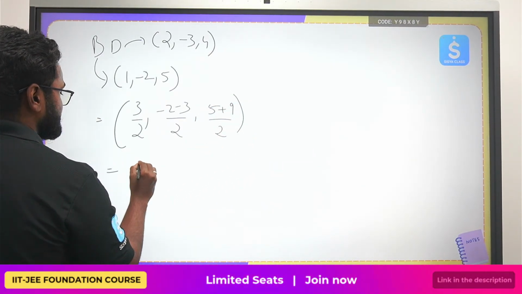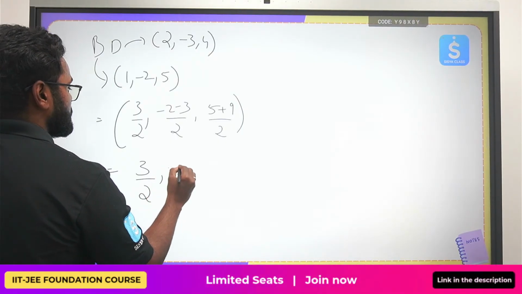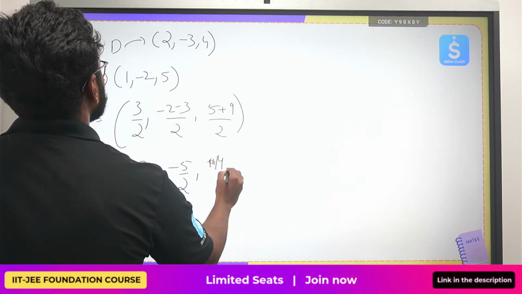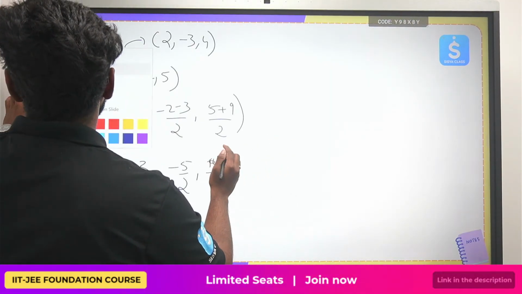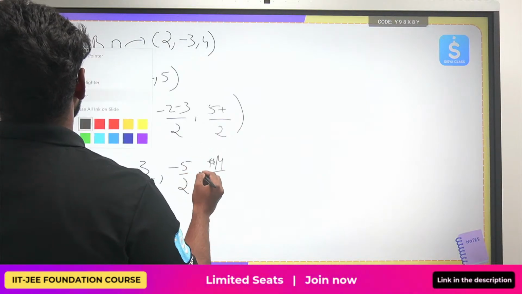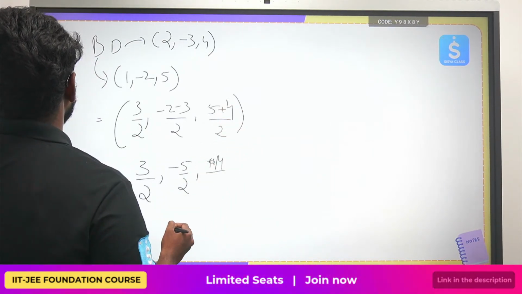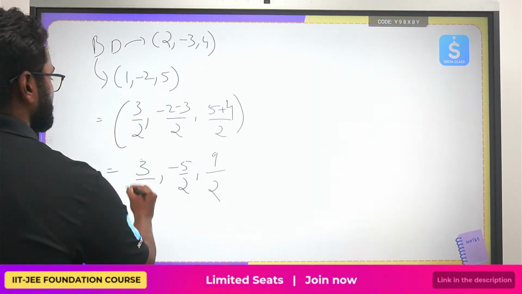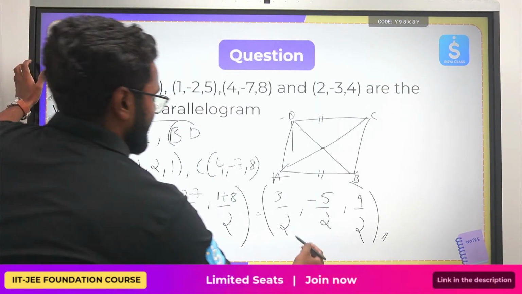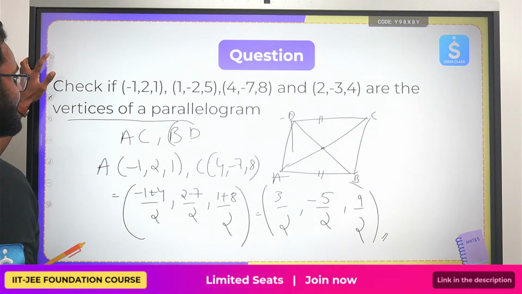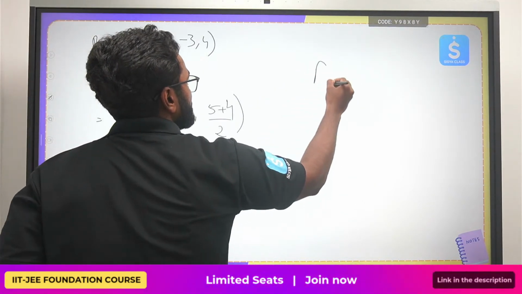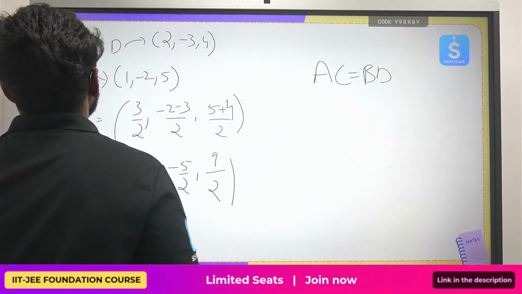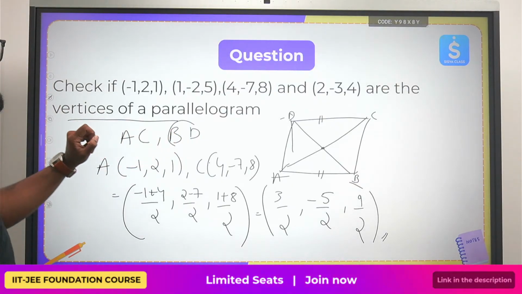It is the same as the previous midpoint. If you check this, it's matching. The midpoints of AC and BD are equal. We can hence say that they are the vertices of a parallelogram.